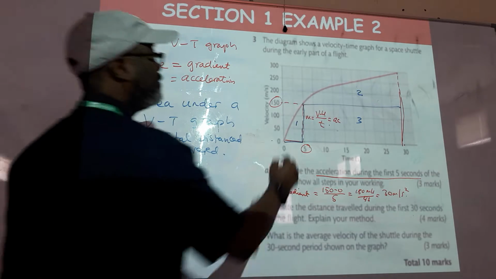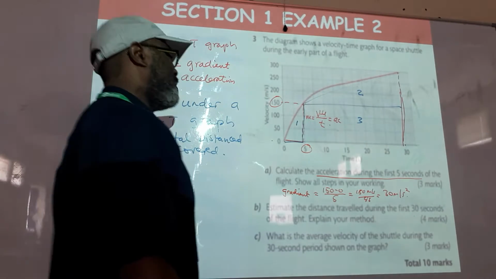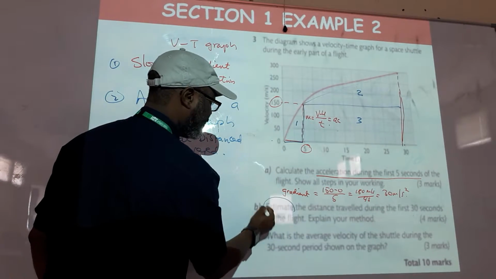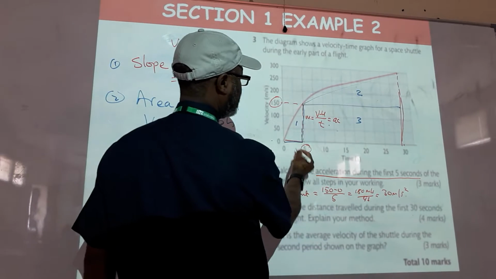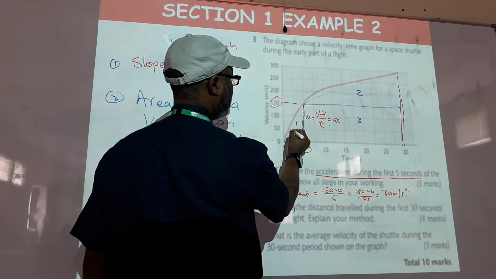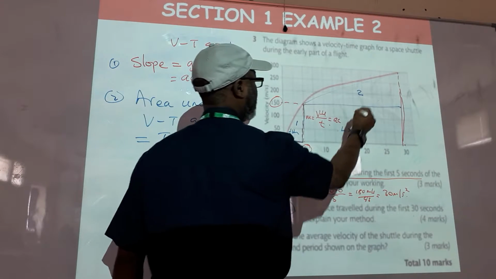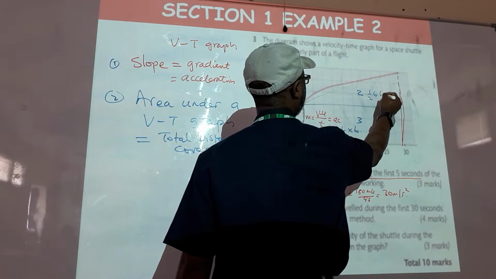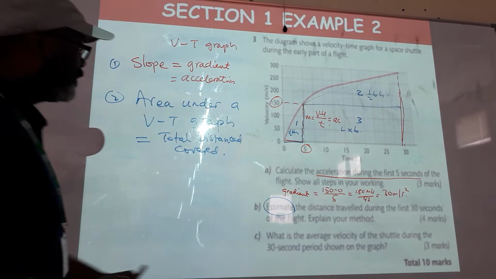Even though this is a curve, I'm just going to treat it like a triangle because I'm asked to estimate. It doesn't have to be accurate. So this is half base times height, this is length times breadth, and this is another half base times height.